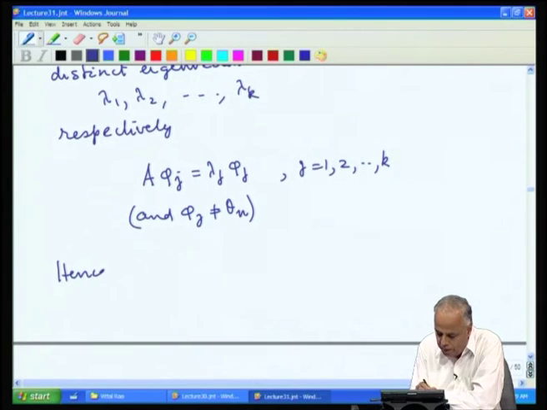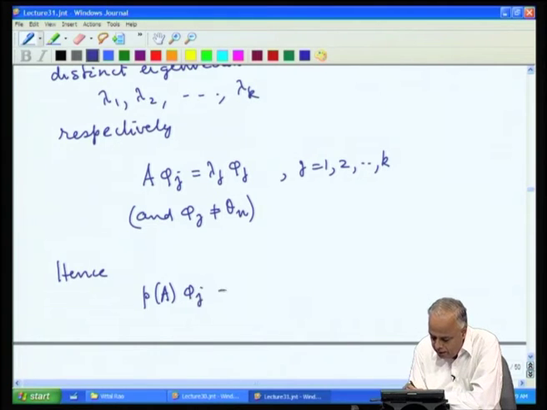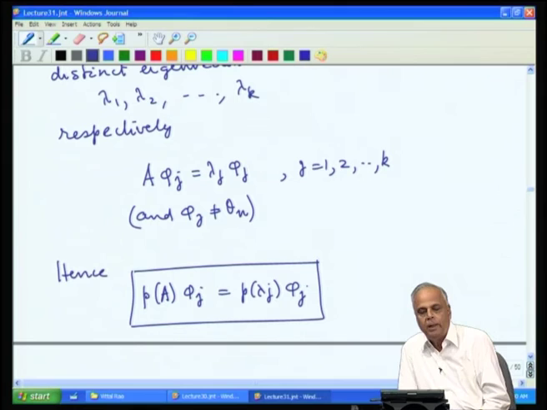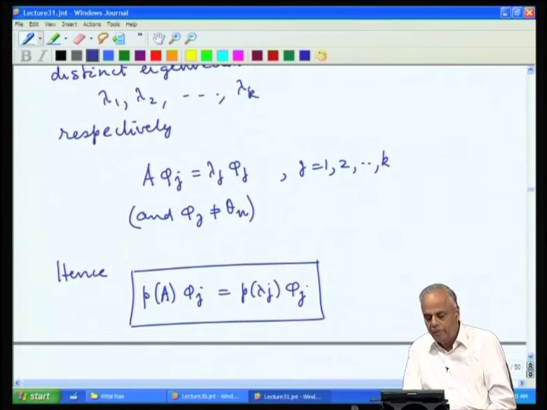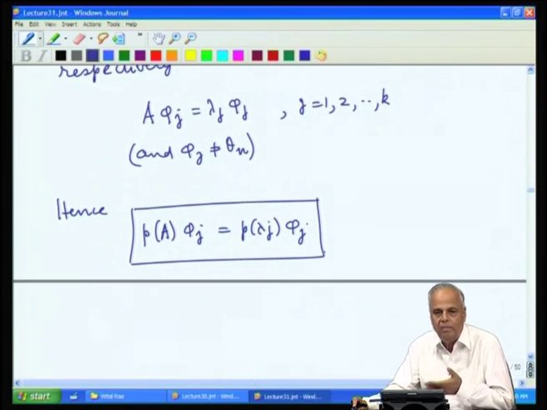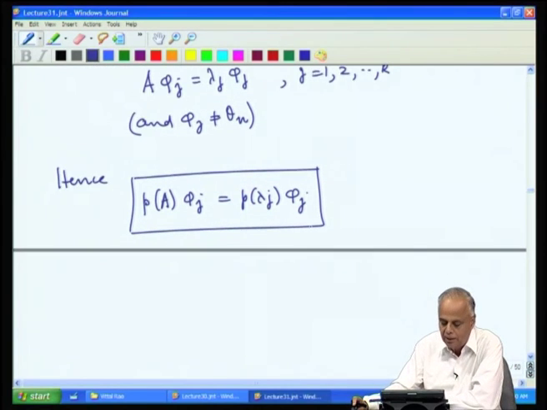Hence, from our above calculation, P A phi j is equal to P lambda j phi j. This is what we have found above: the polynomial matrix acting on the eigenvector is the polynomial evaluation at the eigenvalue multiplying the eigenvector.